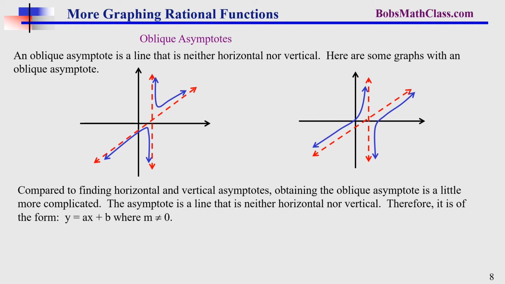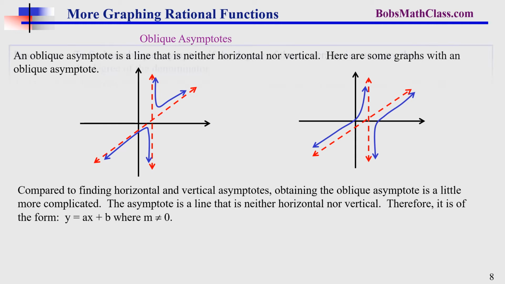They can't be above and below because then it won't be a function, but they could both be above the oblique asymptote. That's possible. Right, but we need some points. So the oblique asymptote is going to be of the form y equals ax plus b. In other words, it's just a line where it has a slope that's not 0 or not undefined.